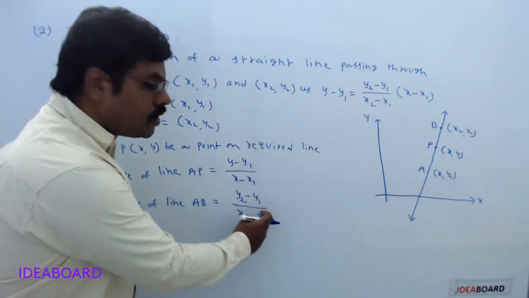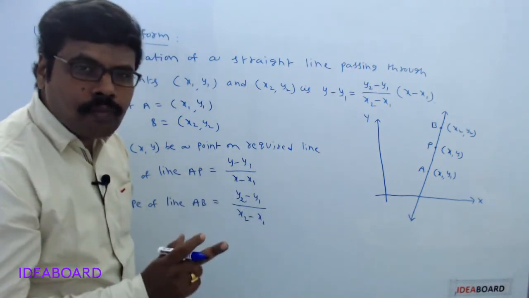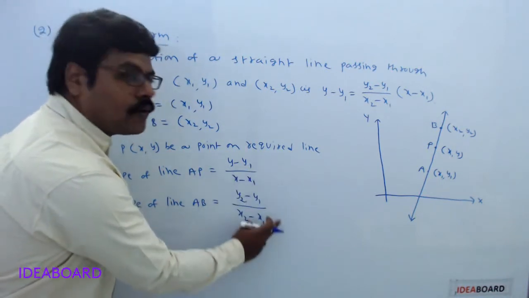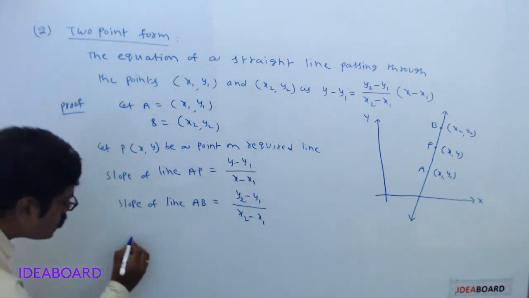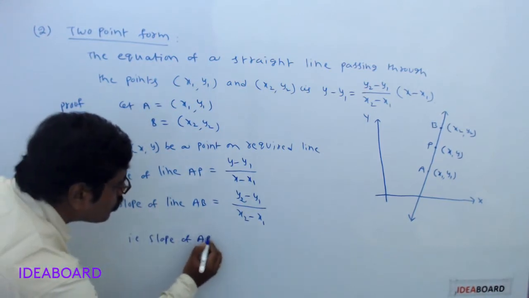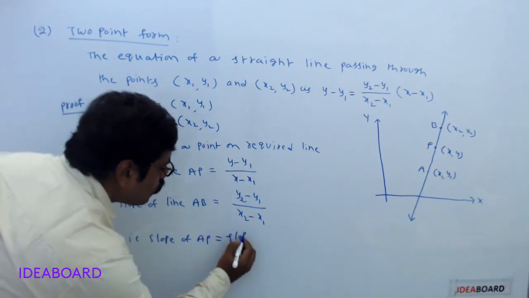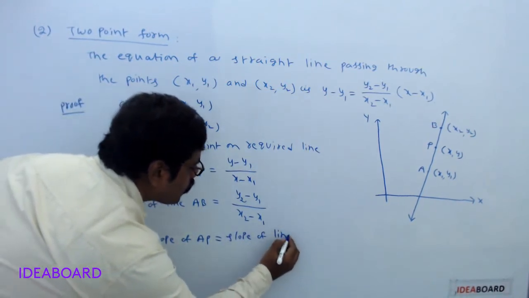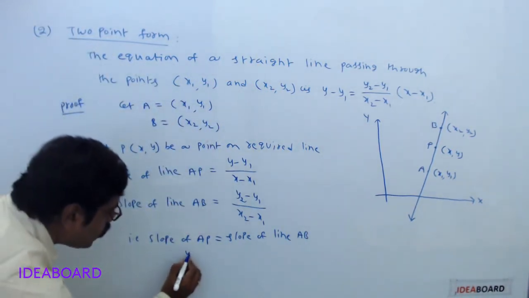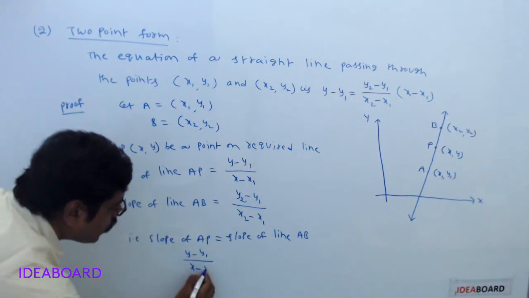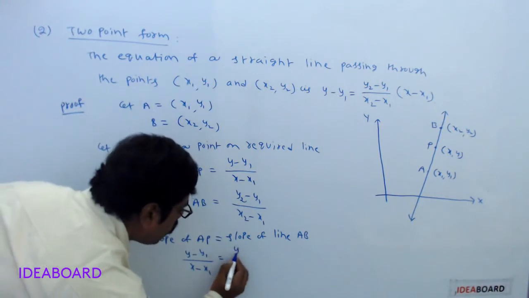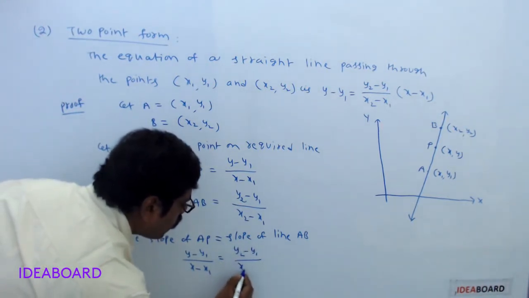So both these values represent the slope of the same line. So you can equate these 2 values. So that is, slope of AP is same as slope of line AB. Now equate these two values: y minus y1 divided by x minus x1 equal to y2 minus y1 divided by x2 minus x1.